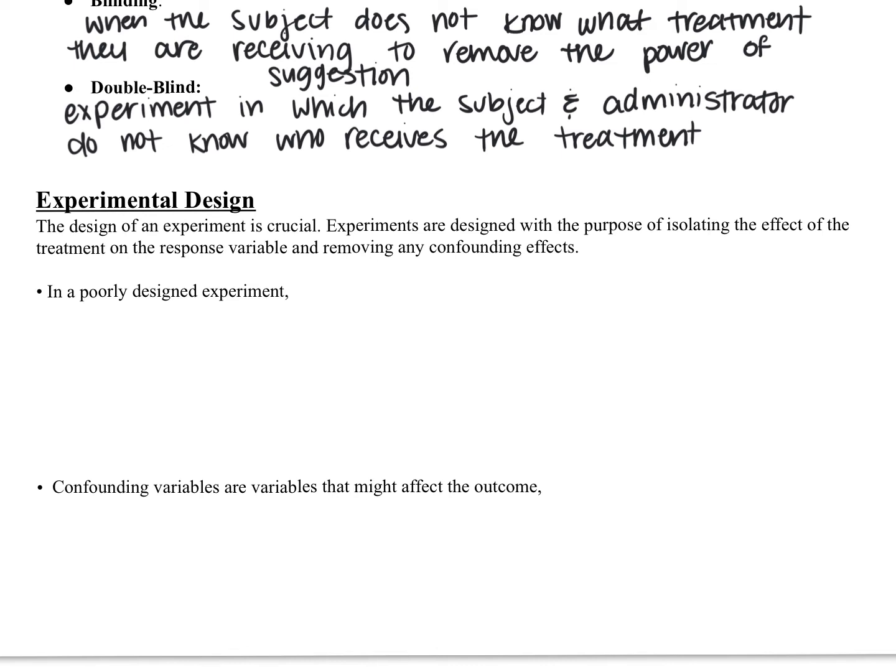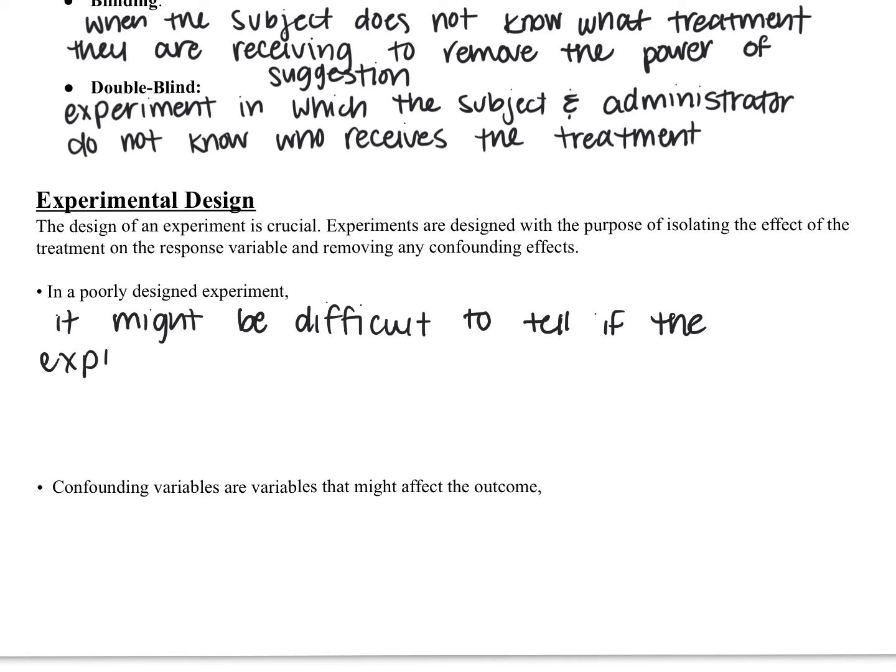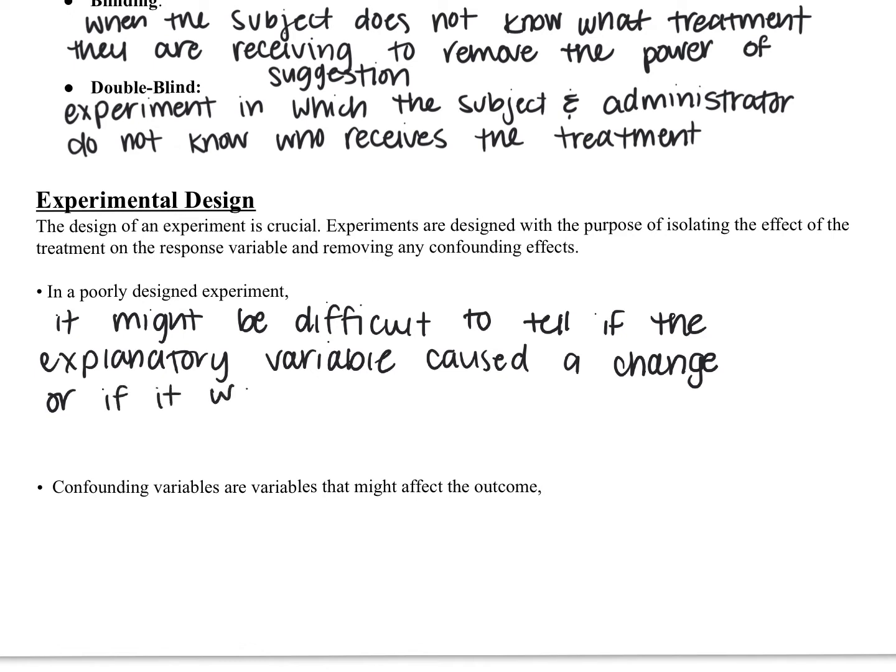So in a poorly designed experiment, it might be difficult to tell if the explanatory variable caused a change or if it was another variable that was not measured.